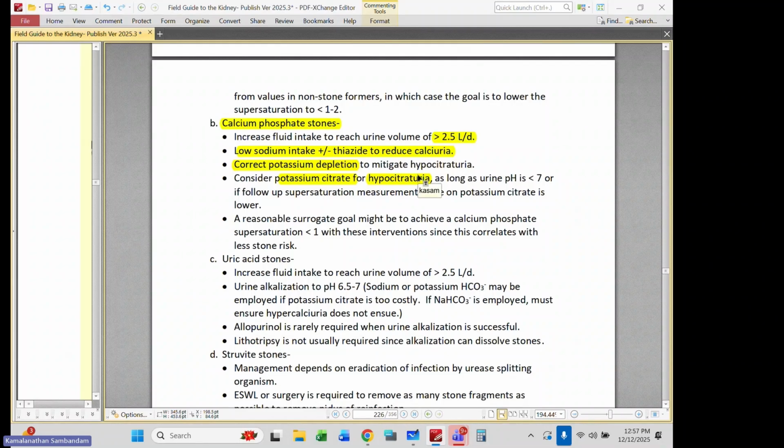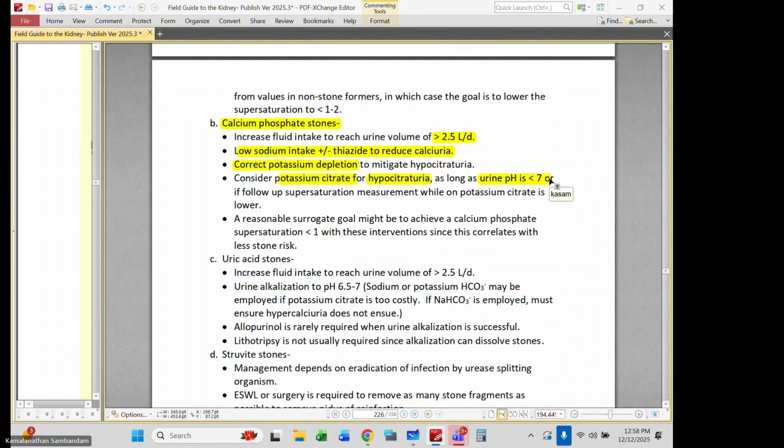But if you give too much, you're going to make the urine more alkaline, especially in the context of an RTA patient. RTA patients already have a urine pH that's 7 or more, right? And so if you give them potassium citrate, even though their bicarb went from 18 to 20, right? You didn't cause metabolic alkalosis. You moved their serum bicarb from 18 to 20, but their urine pH went from 7 to 7.5.